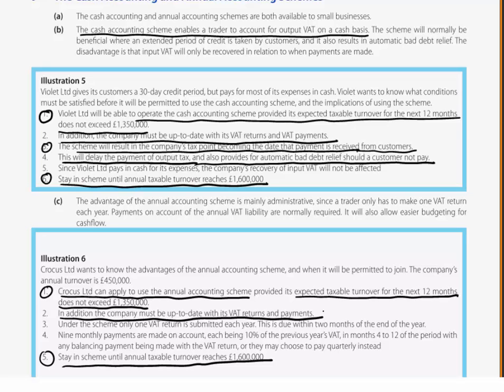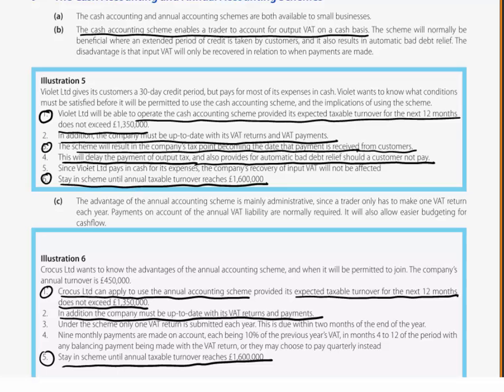New businesses, again, if they're estimating the taxable turnover at less than 1.35 million, will be eligible for the annual accounting scheme, as well as the cash accounting scheme here. So we've got certain points that are consistent between the two. But again, in terms of cash accounting, what is it doing? It means that we do not have to account for output VAT until the cash comes in from the sale.